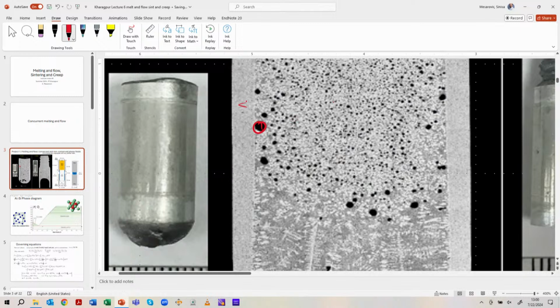Another problem with brazing in space is that brazing has a chemical reaction when you break oxide on the surface. That chemical reaction produces gases. Here are those gases, right? You see them.